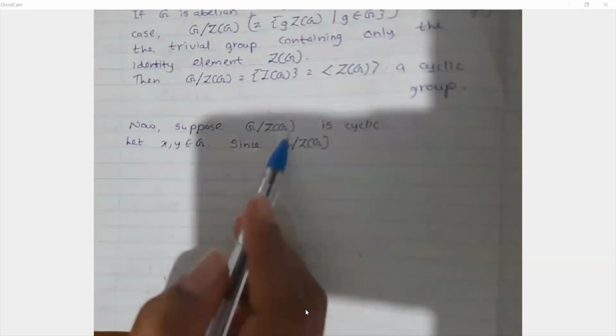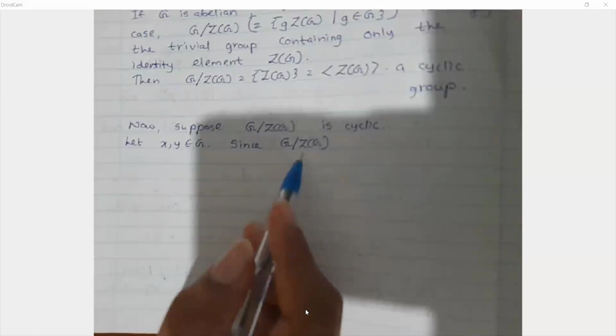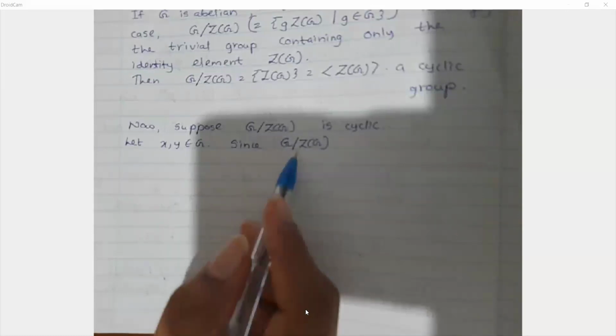So we want to show at the end that xy is equal to yx. That is what we are aiming for. x and y are chosen arbitrarily from G. Now, this is cyclic. Therefore, every element in here will be generated by a single element.